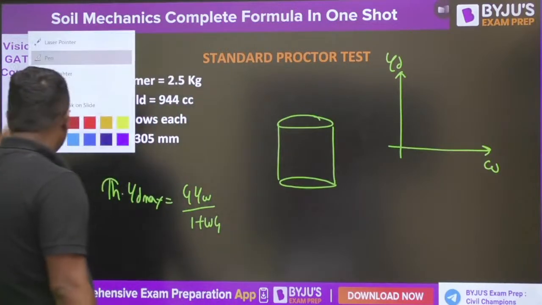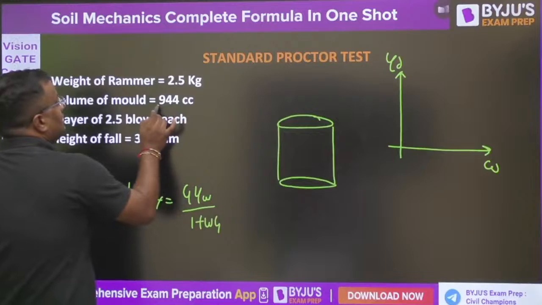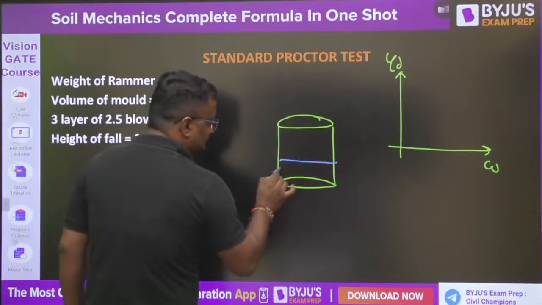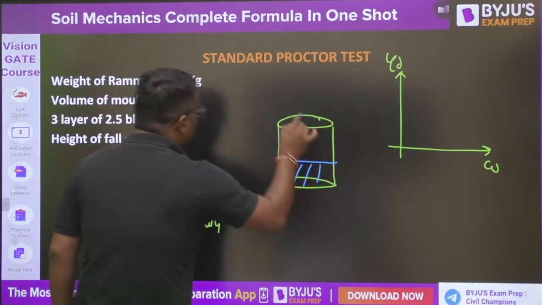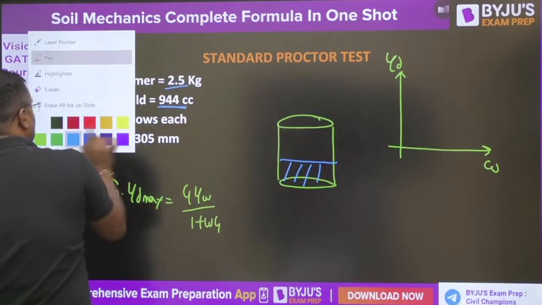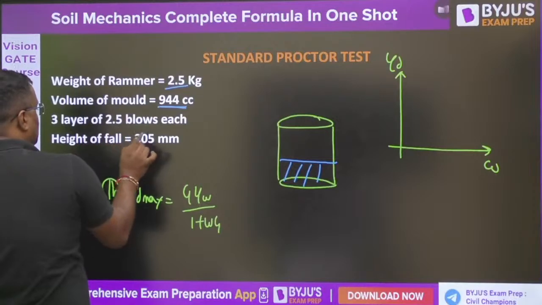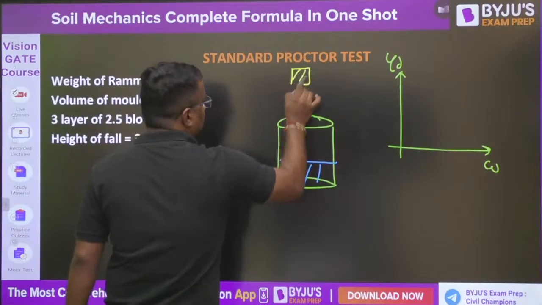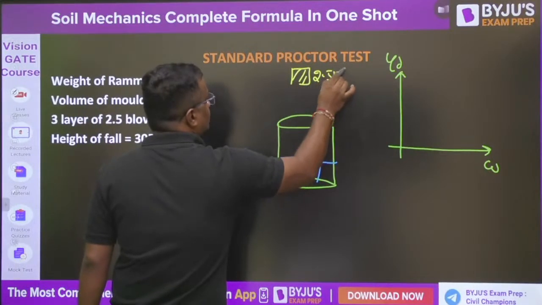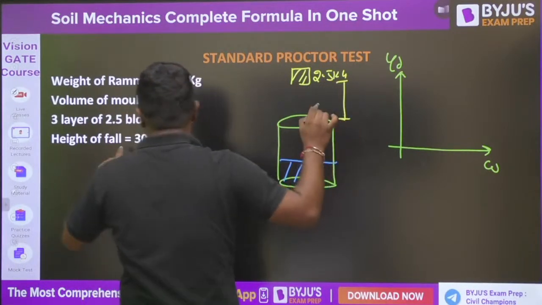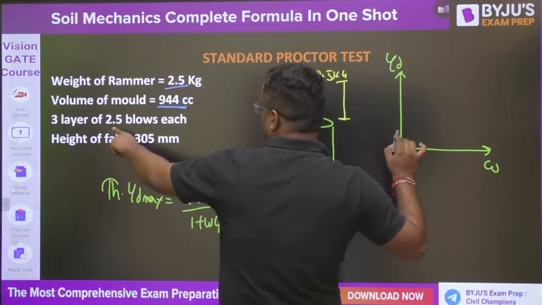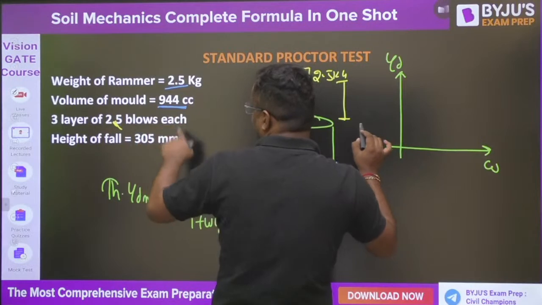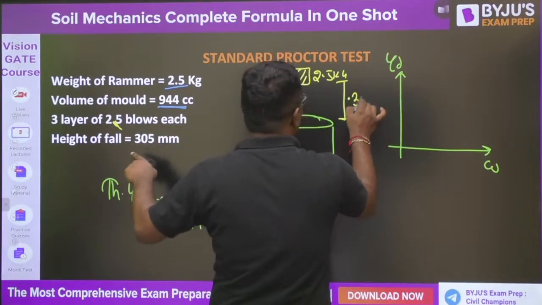Now, what is happening here? We are taking a sample with a given volume and given weight. We put one layer of soil and then compact it with a 2.5 kg rammer, dropping it 25 times, in 3 layers, and the height of fall is 305 mm, 0.305 meter.